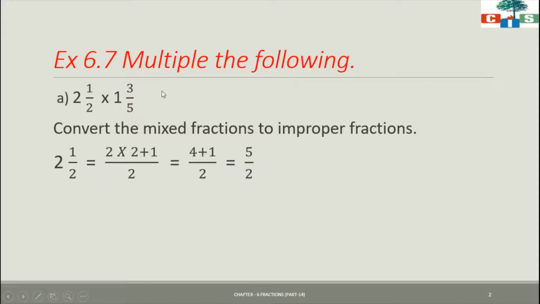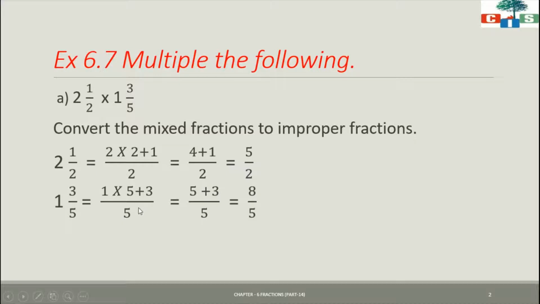Now we will find the improper fraction for the next mixed fraction, 1 3 by 5. We multiply the whole number 1 with the denominator 5, so 1 multiplied by 5, and then add the numerator 3. We keep the denominator as it is.